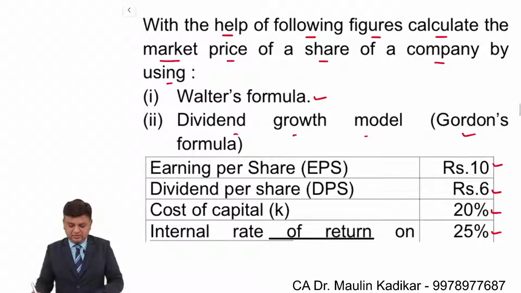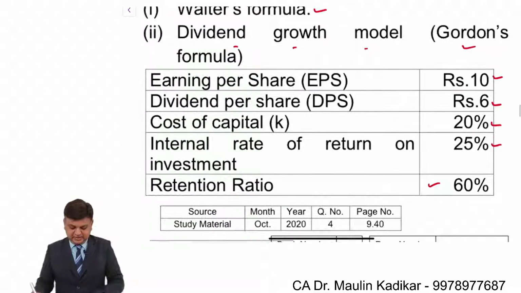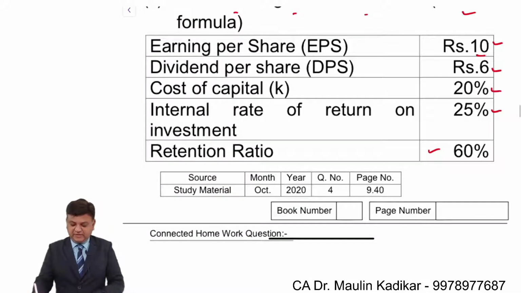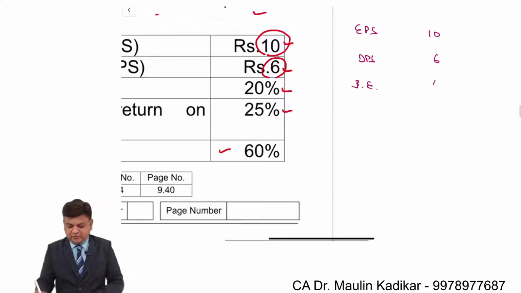Friends, over here, let us have a discussion regarding solving of this question. Earning per share is 10, fine. Dividend per share is 6. So can we say that the EPS 10, DPS 6. So there is retained earning of 4.